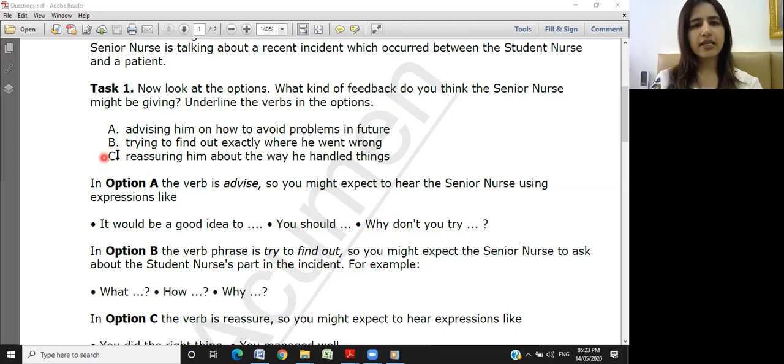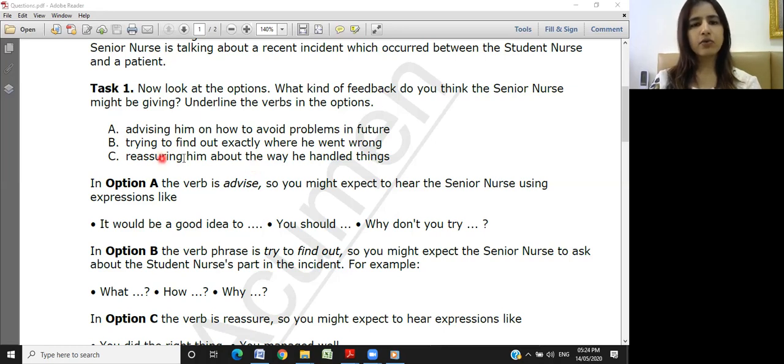So C is the correct answer here, reassuring him, because the senior nurse said, you coped well, right? And that does help. All the sentences that you heard from the senior nurse's side were positive, okay?